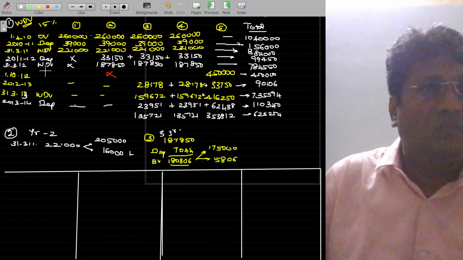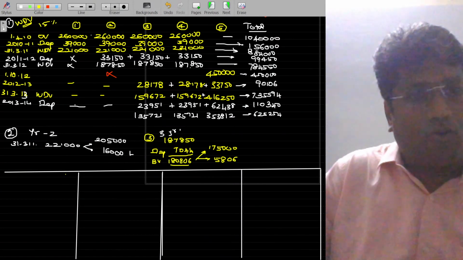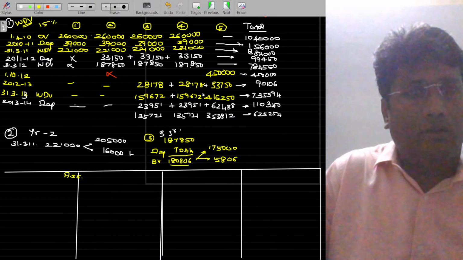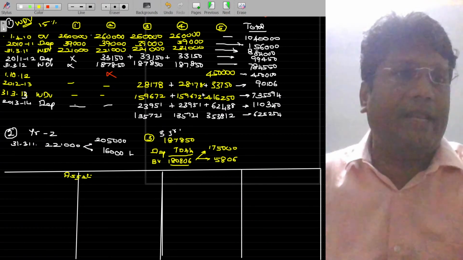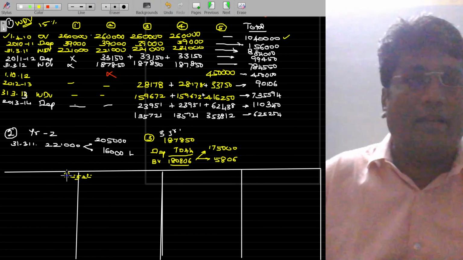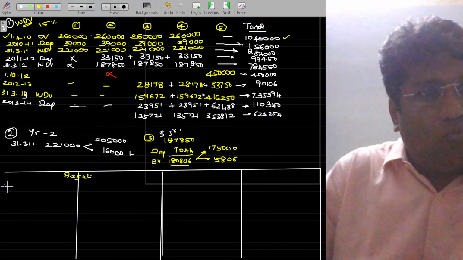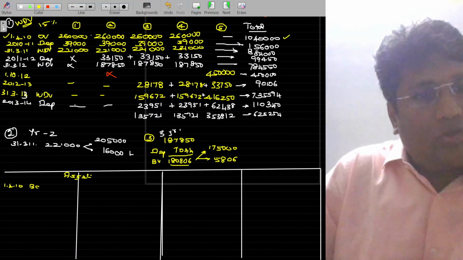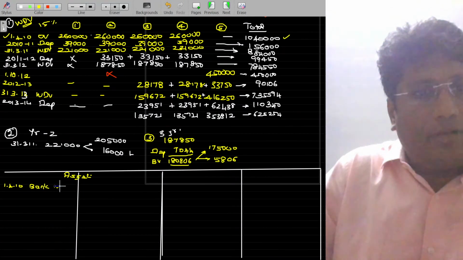Now hereafter it's very simple. Asset account. Very first, on this date I am purchasing an asset for 10,40,000 rupees. So 1/4/10, asset account debit to bank, the value being 10,40,000.